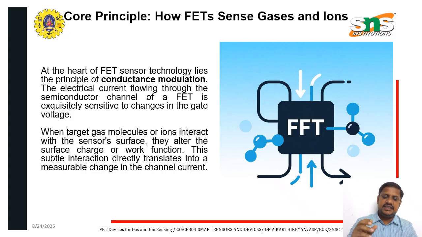Based on the gate, it responds to external voltages. We also target gas molecules or ions, which is very useful. The sensor surface also has the main function of changing its surface charge, and the work function of the device changes, which translates directly to the FET device.